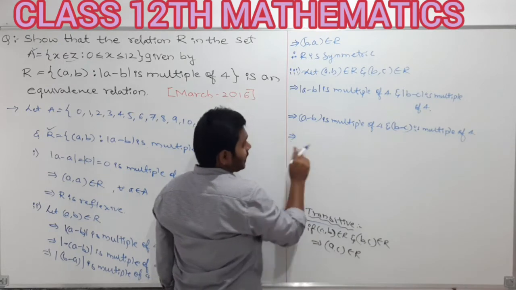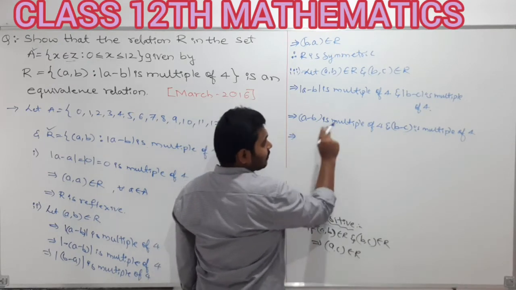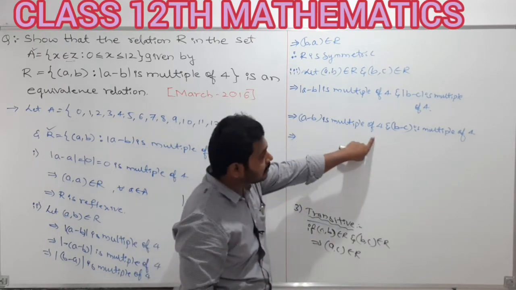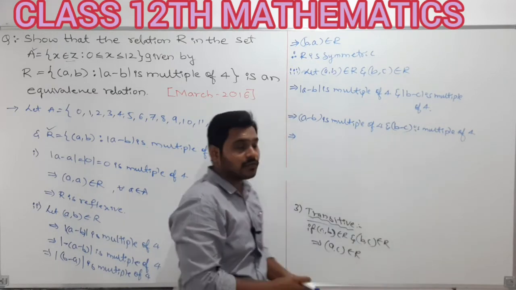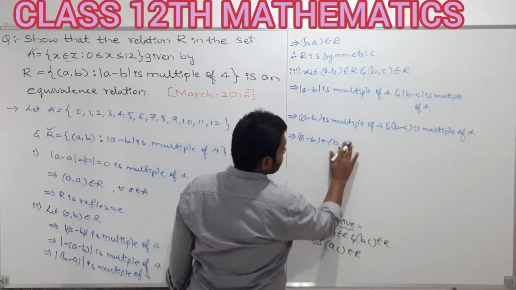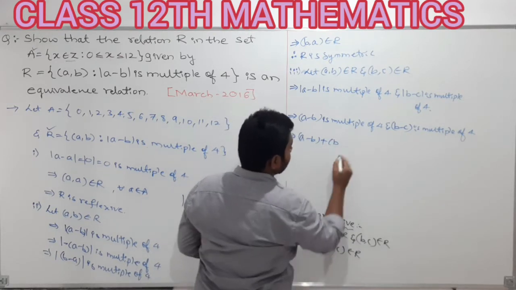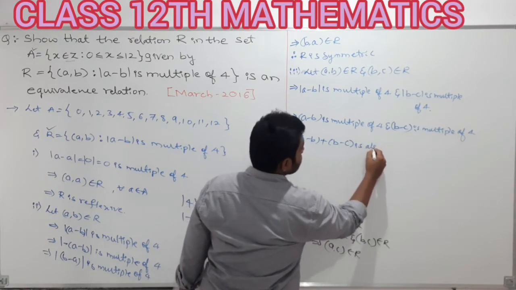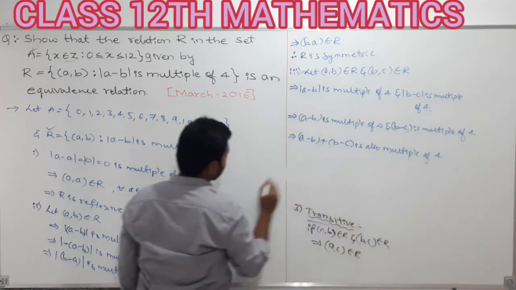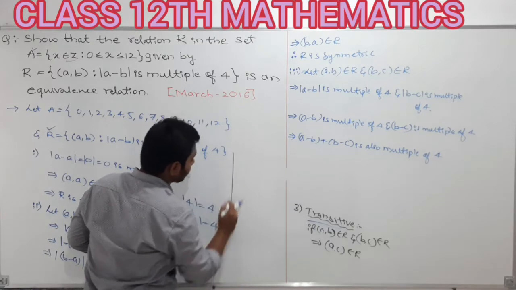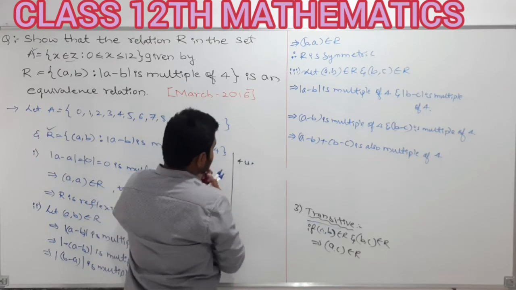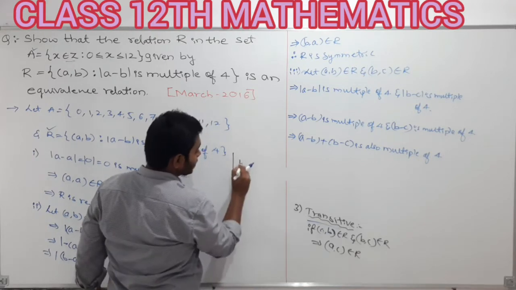And this implies, if any number, a minus b is one number, generally I am discussing, if a minus b is a multiple of 4 and b minus c is a multiple of 4, you can say that a minus b plus b minus c is also a multiple of 4. For example, take 16, you can check, my dear students, 16 is a multiple of 4?